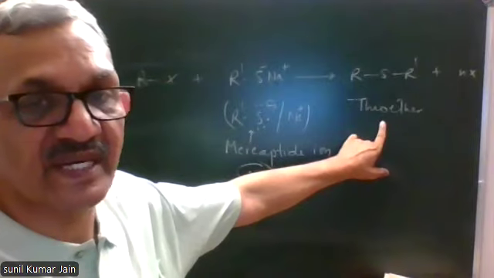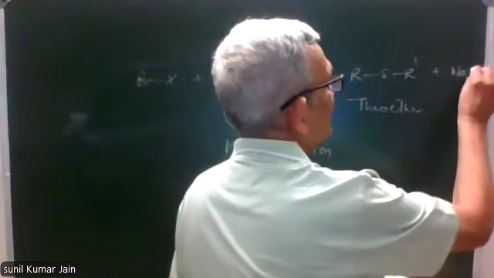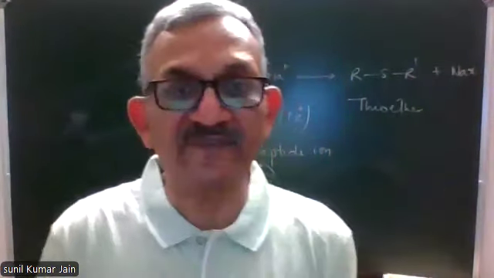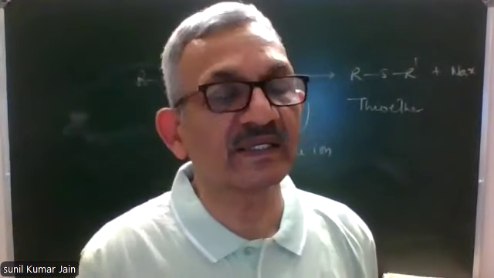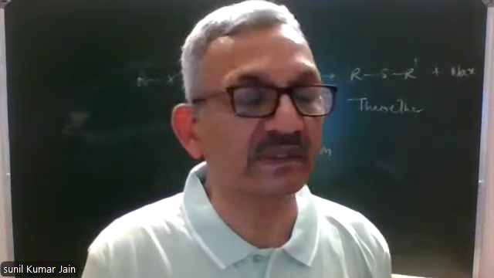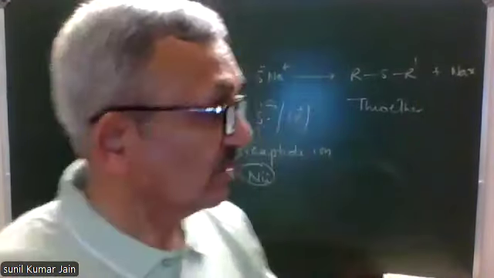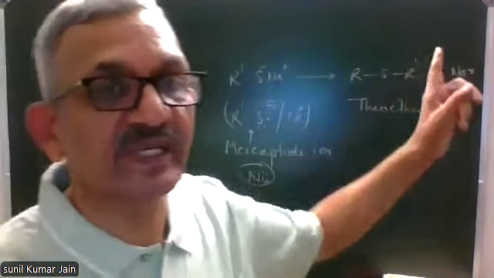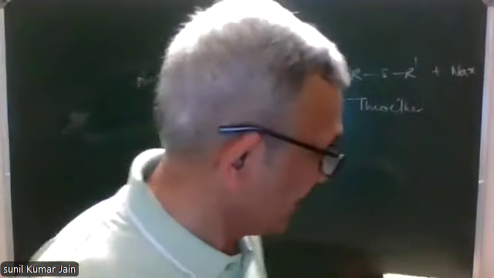Organic product will be same, that is thioether. Byproduct will change. This byproduct will now be NaX. This is a fast reaction. Reason is same as the reason in reaction number 9. Again, if you want to prepare a thioether, we'll use reaction number 11, not reaction number 10. 10 can be used, but that's a very slow reaction.